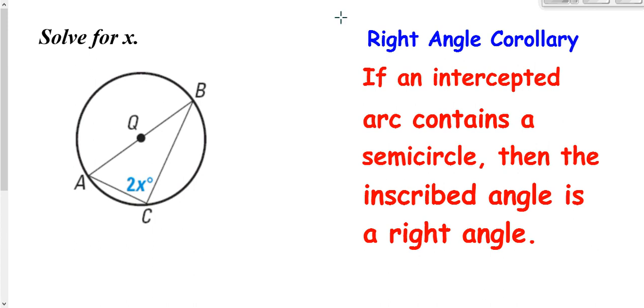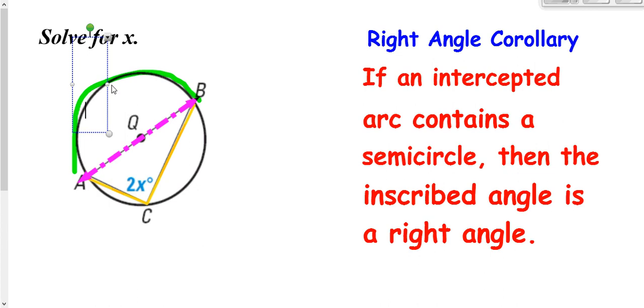Finally, one little thing. If you happen to see an inscribed angle like this that goes through the diameter of the circle, this is a unique one because we know that this part here would be that semicircle value, 180 degrees.